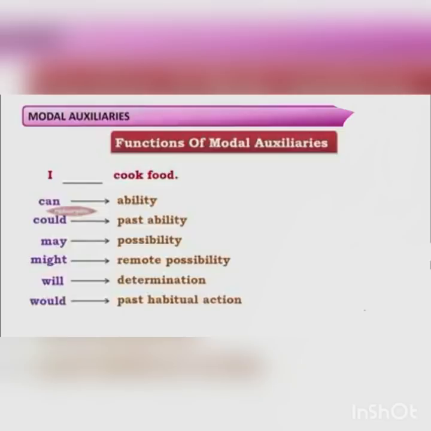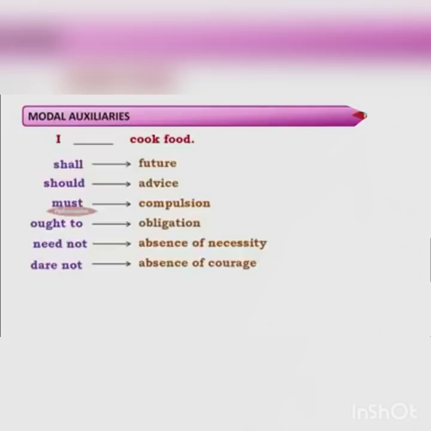Okay? Then if I say I shall cook food, it is simply future tense. But if I say I should cook food, then it means advice or suggestion. Somebody is advising you, somebody is giving a suggestion to you that you should cook the food.